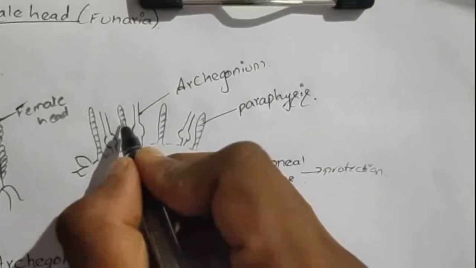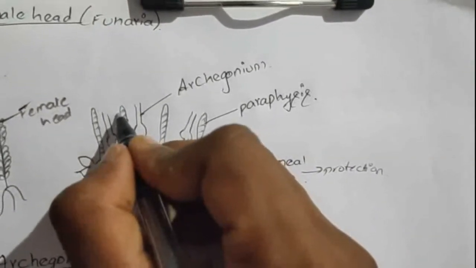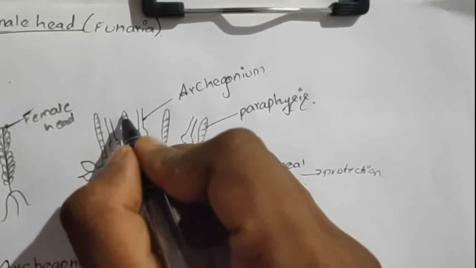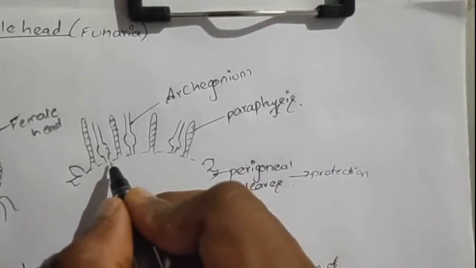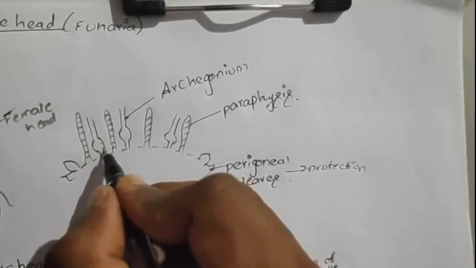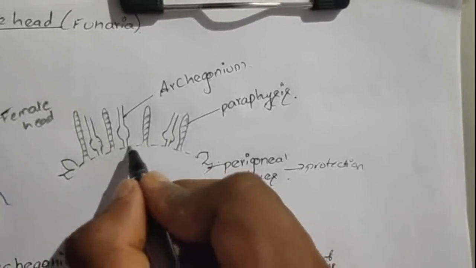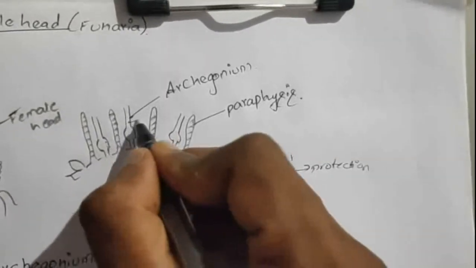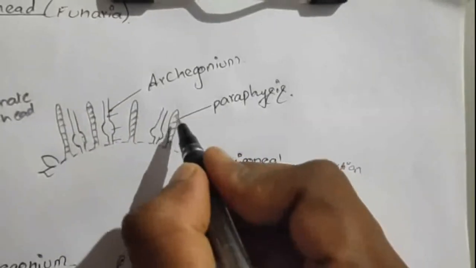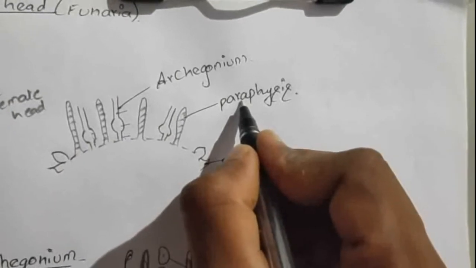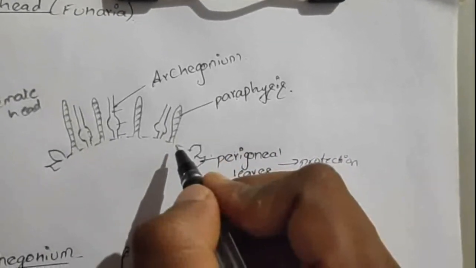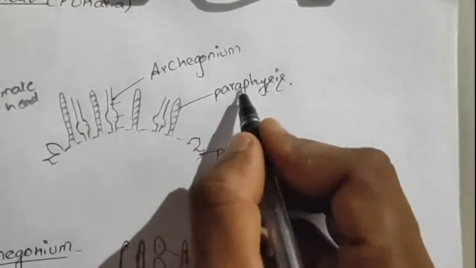But the tip of the paraphysis is not swollen. In the male head, the tip is swollen, but in the female head, the tip is not swollen. The archegonium has three parts: the stalk, the venter, and the neck. This paraphysis absorbs water and helps the female sex organs without drying, and it also helps in photosynthesis.